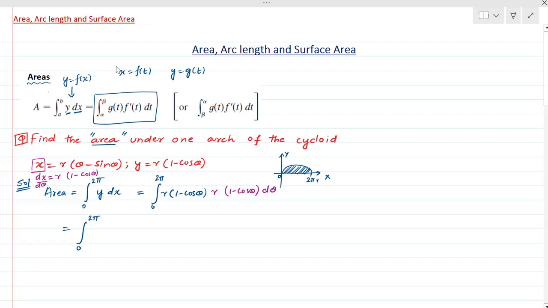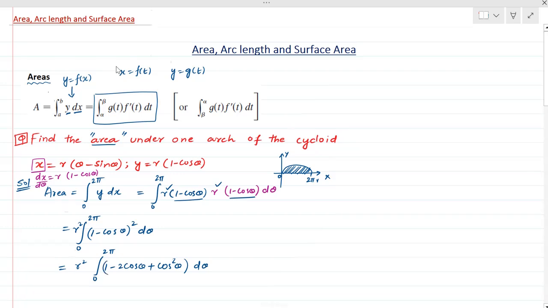So when you multiply, you will get integral 0 to 2 pi, and r into r. r is a constant, you can take it outside. This is r square. And here, if you multiply the same part, you will get the whole square. 1 minus cosine theta whole square into d theta. Now you can expand using a minus b whole square, so you will get a square minus 2ab plus b square into d theta.